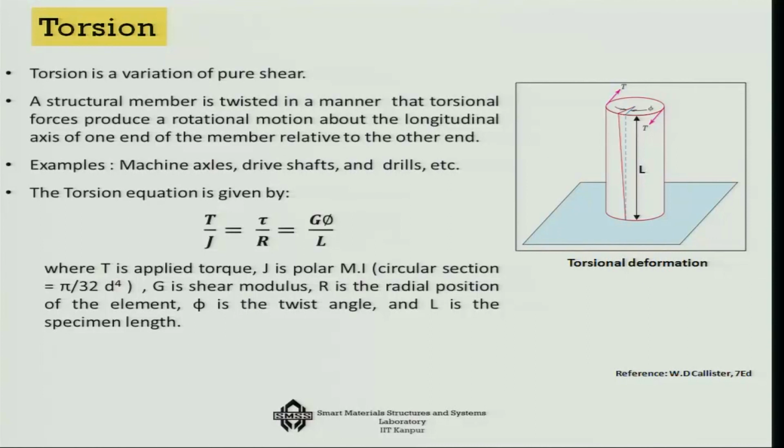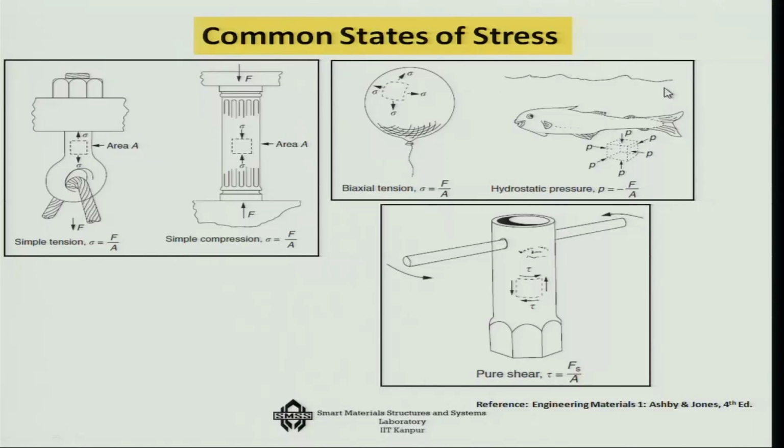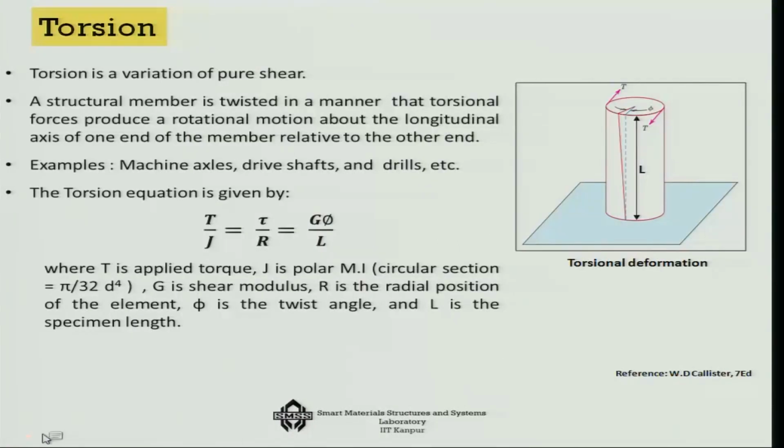In torsion, a structural member is twisted in a manner that, for example, in this case you are twisting this member so that it produces a rotational deformation or a rotational motion of the top surface with respect to the bottom surface, where let us say it is fixed at this point.